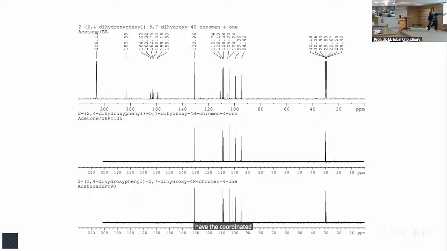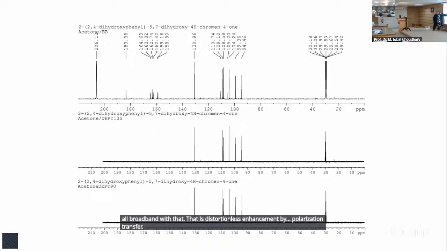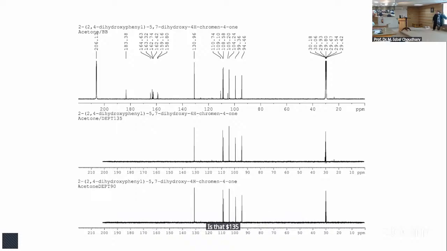If you compare the chemical shifts of broadband with DEPT, that is distortionless enhancement by polarization transfer, DEPT 135 and DEPT 90, then you can identify quaternary carbons. And here we look, all these are not there, so it means they're quaternary, right?